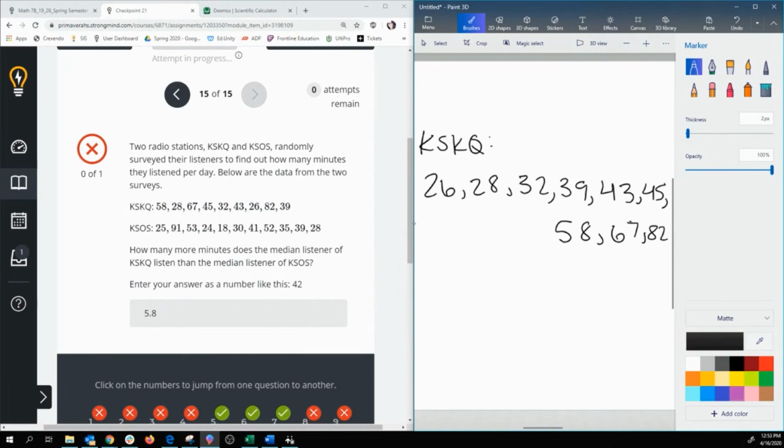Okay, and then let's do KSOS. So again, from smallest to biggest.